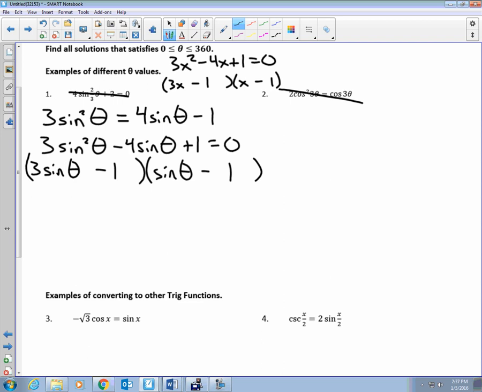I set both of these equal to 0. Let's try the easy one. Sine of theta minus 1 equals 0, where sine of theta is equal to 1. On our sheets, where is sine of theta equal to 1? Just 90. At 270, it's equal to negative 1. Just 90.